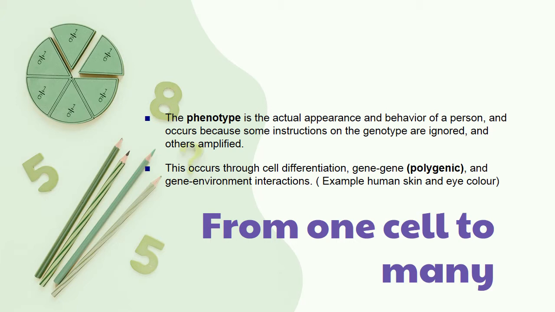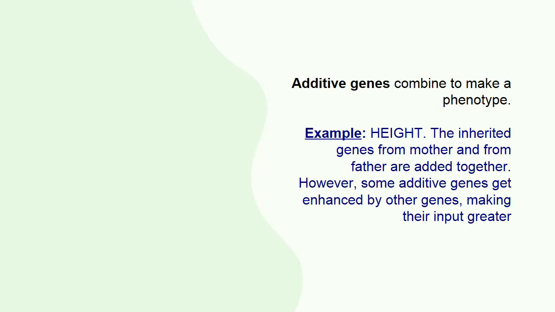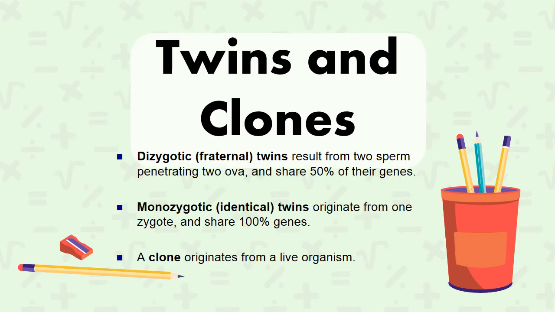These are the two factors for the display of the characteristics of the gene. Now, additive genes combine to make a phenotype. What does it mean? For example, height. The inherited genes from the mother and the father are added together. However, some additive genes get enhanced by other genes, making their input greater.